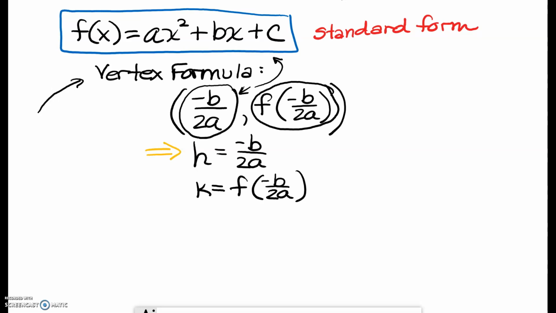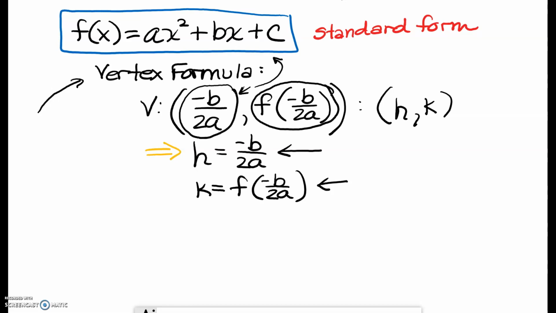So since I know this is my vertex, and I know this is the same as h comma k, I know that we can calculate h by doing negative b over 2a. We can calculate k by plugging h into x in our equation.